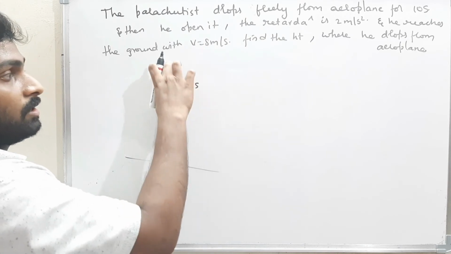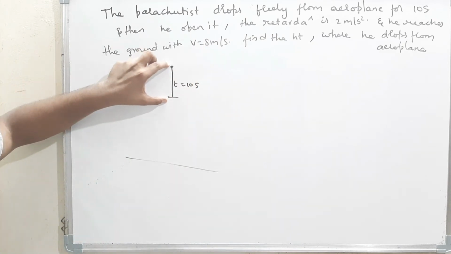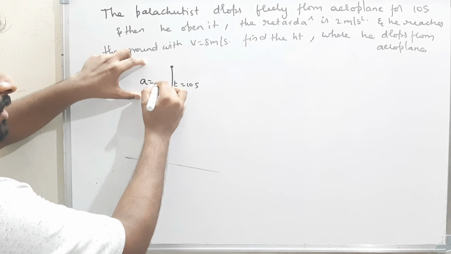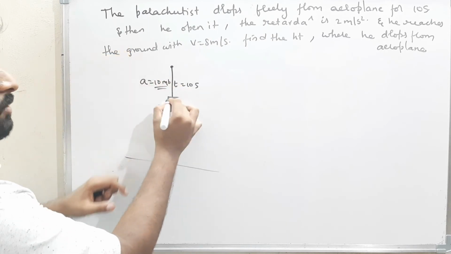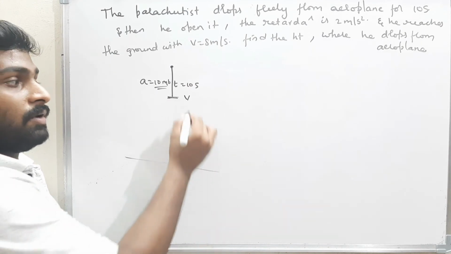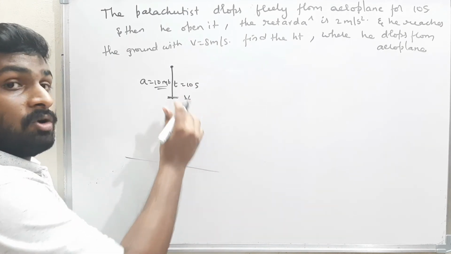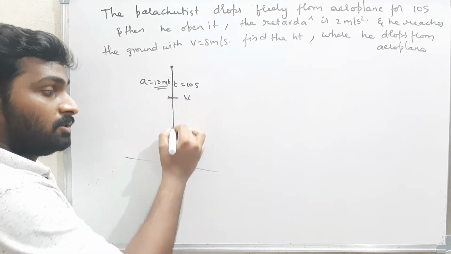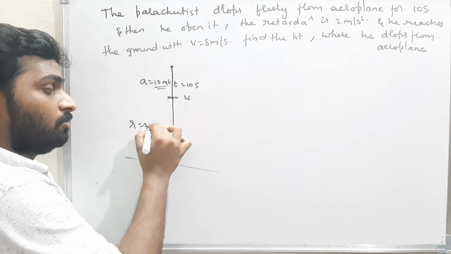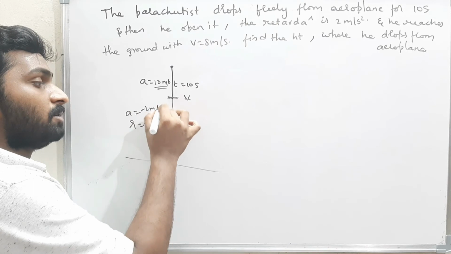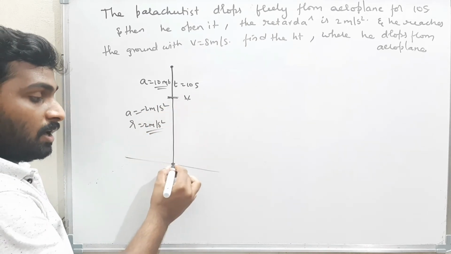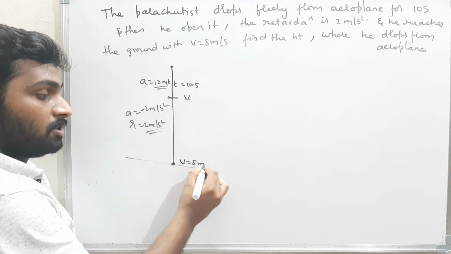Till here the body has an acceleration g, that is 10 meters per second square, and here the velocity becomes v. Once the velocity becomes v, from here he opens the parachute. The retardation is 2 meters per second square, that means acceleration is minus 2 meters per second square. Now he reaches the earth with a velocity of 8 meters per second.